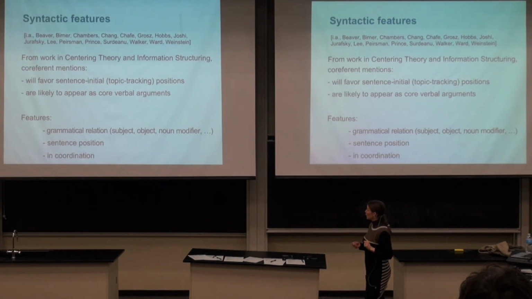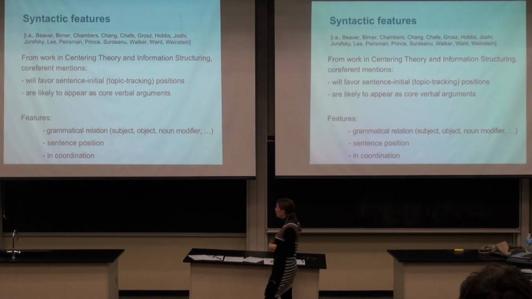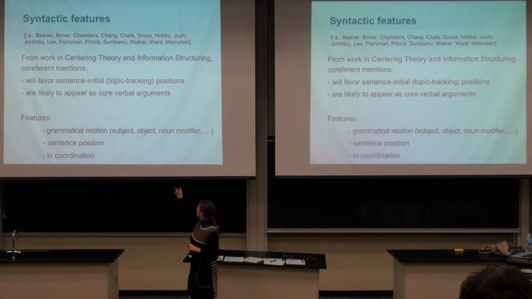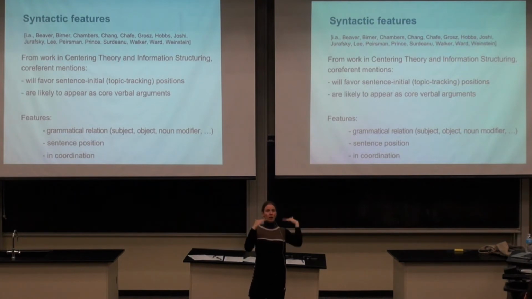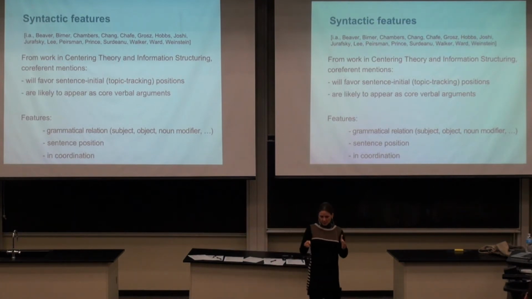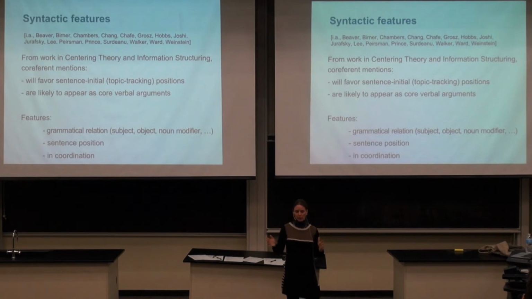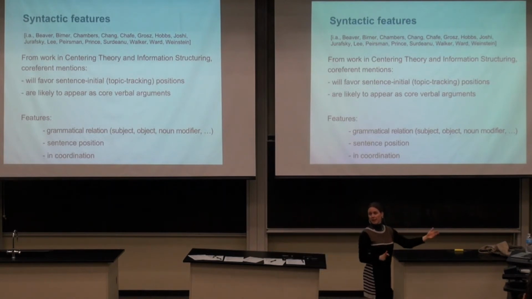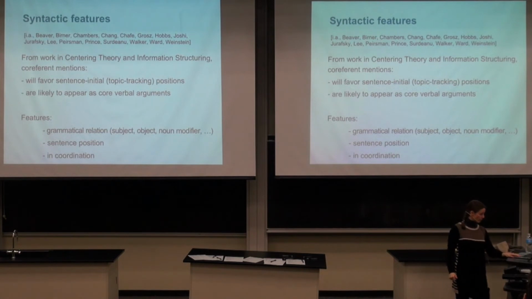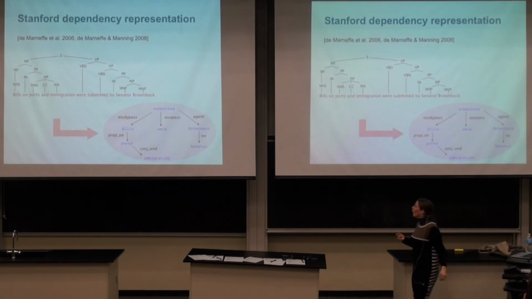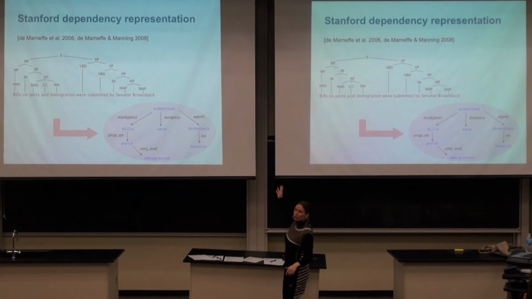So how do we operationalize this? We look at the grammatical relation often mentioned in the sentence. Also, what's the sentence position? Is it the first word at the beginning, the middle, or the end, the last word, and whether it's in coordination.